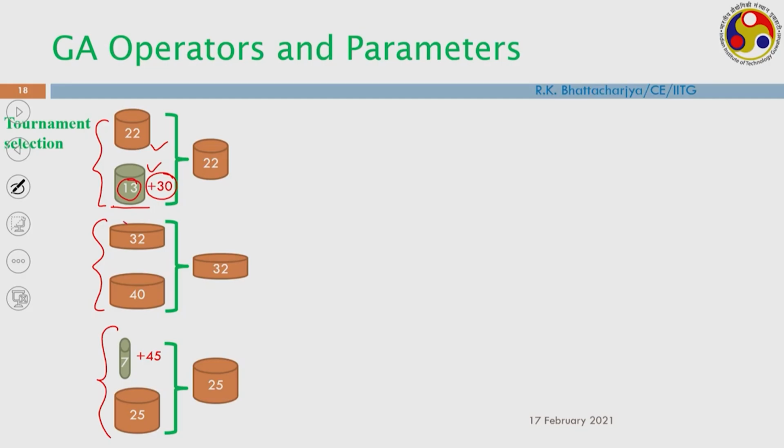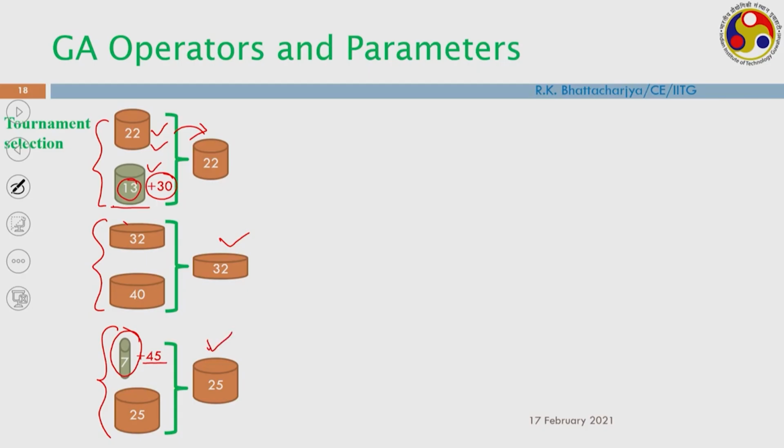Though the cost is 13, the solution is infeasible and cannot be selected. So, if they play the tournament, 22 is the better solution and 22 will be selected. In the next trial, 32 and 40 come, and 32 is the better solution. So, 32 will win the tournament, and in the third trial 7 comes with 25, but 7 is an infeasible solution. The violation value is 45, and therefore 25 will be selected.